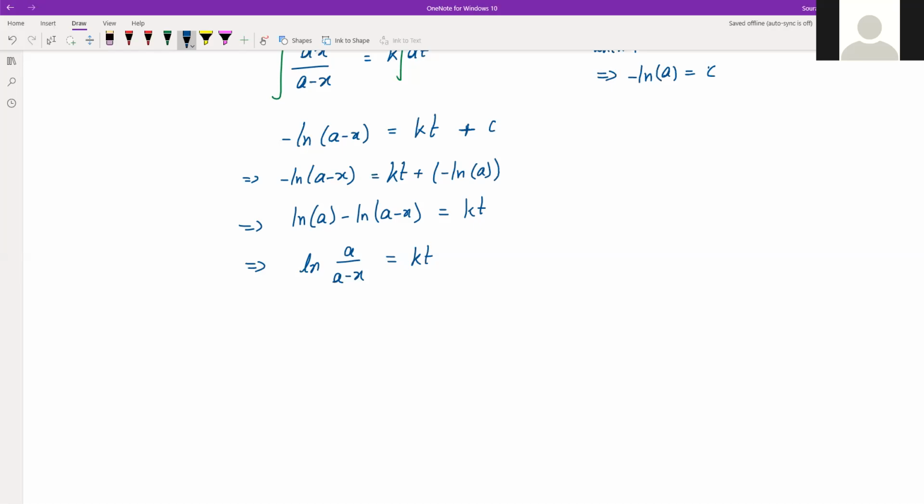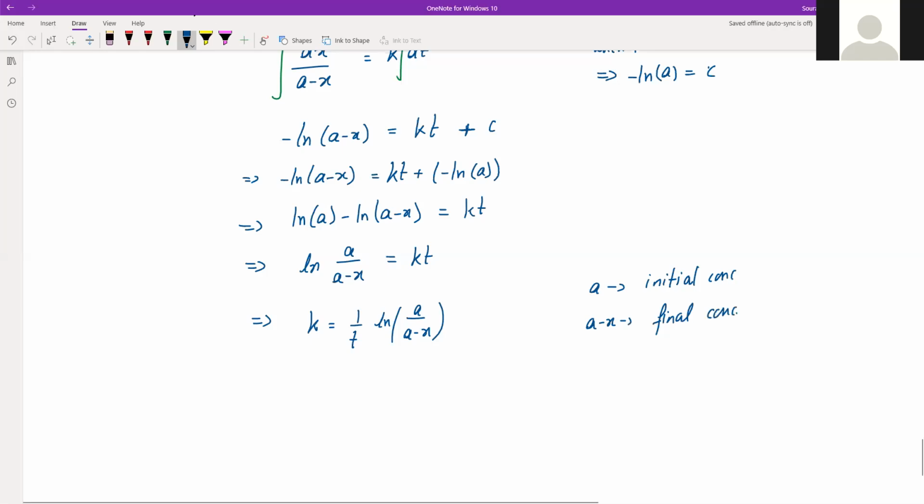And if we have to find k, then k is 1 by t ln of a divided by (a minus x). And what is a? A was the initial concentration. And what is a minus x? That is the final concentration. So that's how we can remember this.